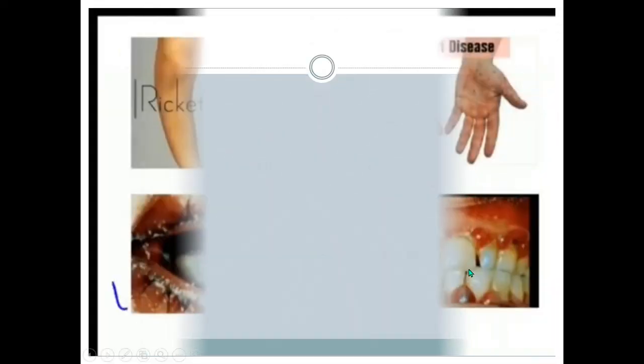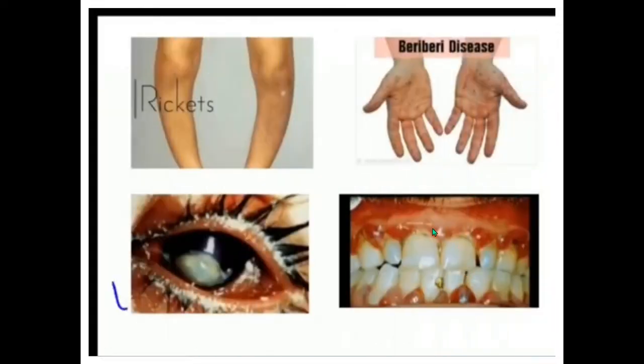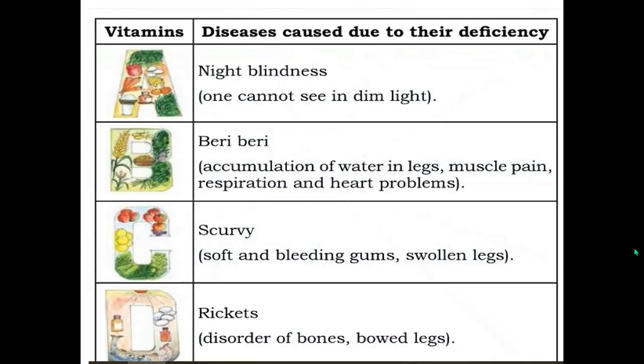Okay, so here you can see in the picture the bleeding from the teeth gums. Okay, so the disease caused due to vitamin C deficiency is scurvy. Symptoms are soft and bleeding gums, then swollen legs.